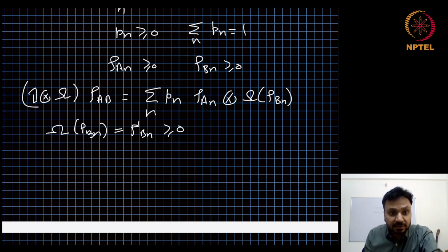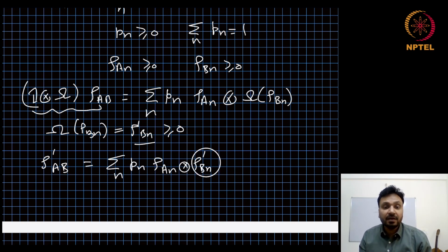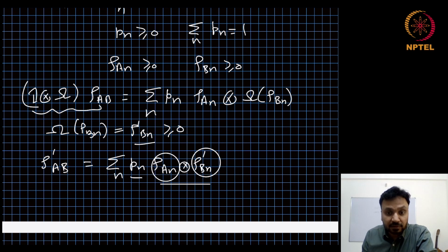So the transformed state rho tilde AB is nothing but sum over n Pn rho An tensor rho Bn prime. It's a state: rho An, rho prime Bn, Pn, all of those are valid. This is a valid state of a system B, this is a valid state of a subsystem A. So the total thing is a valid state. Then we are taking the mixture of these valid states. So this is also a valid state.